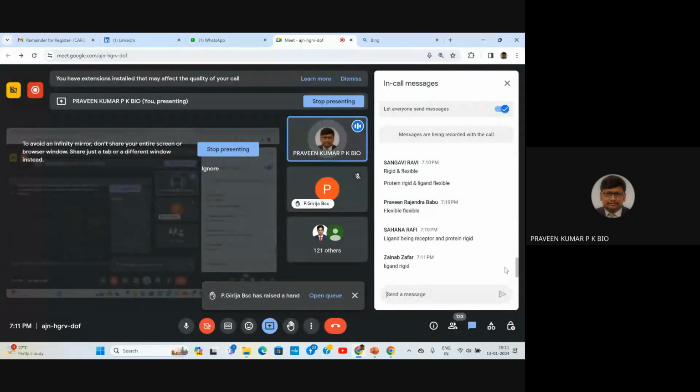Ligand rigid, okay, and a receptor is flexible. Very good. Is that right? No, you totally confused me. Actually, you are telling ligand is rigid and protein is flexible.